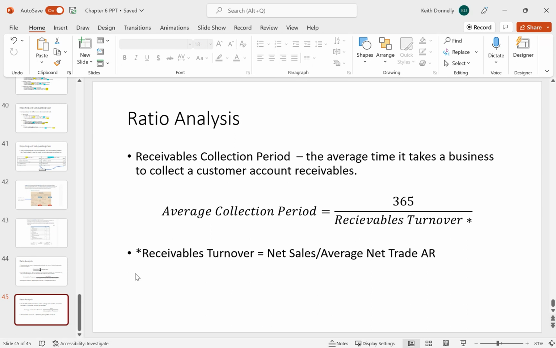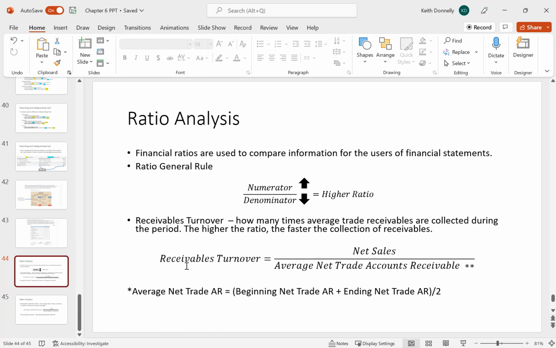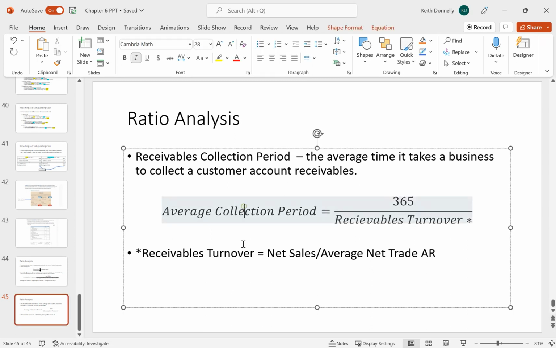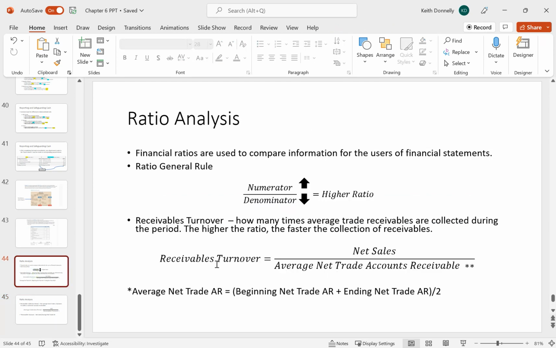Second one here is the average collection period, right? This is the average time it takes a business to collect on its accounts receivable. So this is basically 365 over the receivables turnover, right? So you've got to do this one first. If I tested you on this equation, it's like a 3-in-1, because you've got to know this guy, which means you've got to know this guy, which means you've got to know this guy.